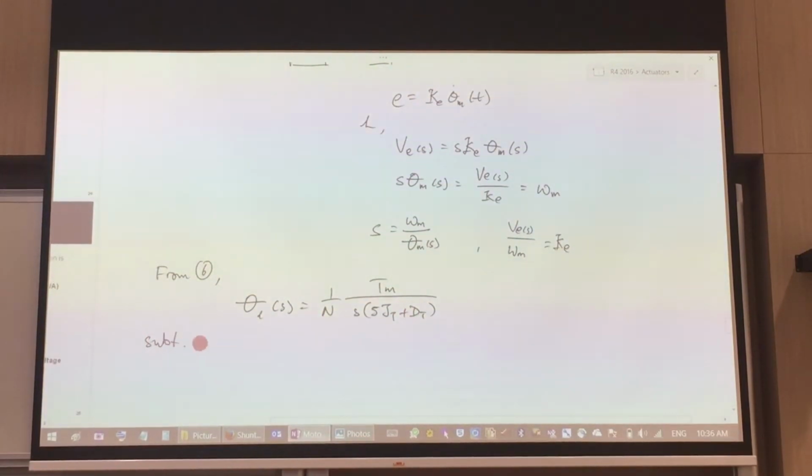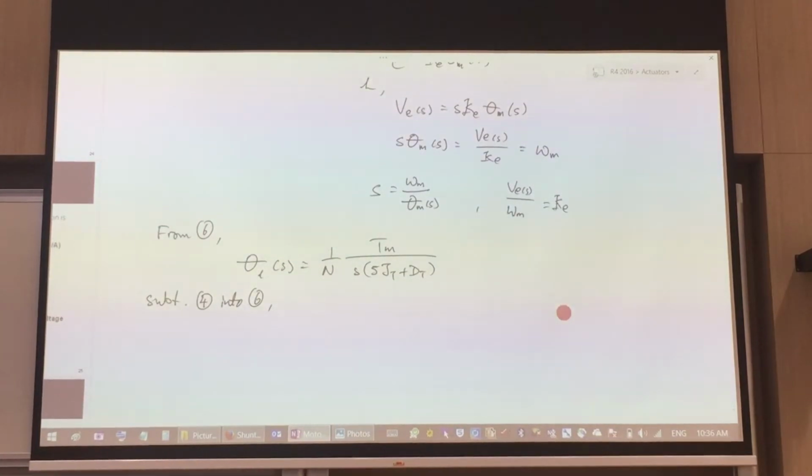What we need is to substitute equation 4 into equation 6. So I'll have theta L(s) equal to Kt over N R, times the voltage minus KE N s theta L(s), divided by s(J_T s + D_T).